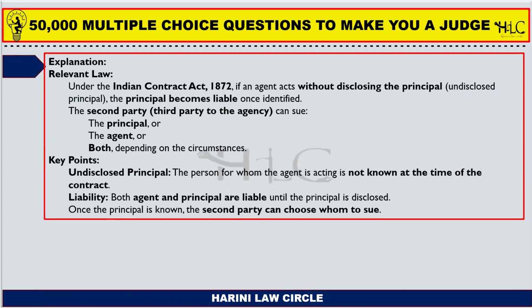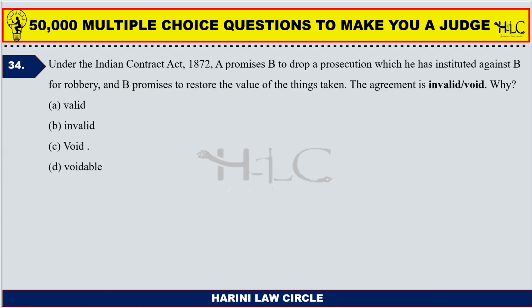He knew about it at a later period of time. So both are liable or the principal is liable. The court may leave the agent, but the principal is liable. Joint liability is there, like a partnership.